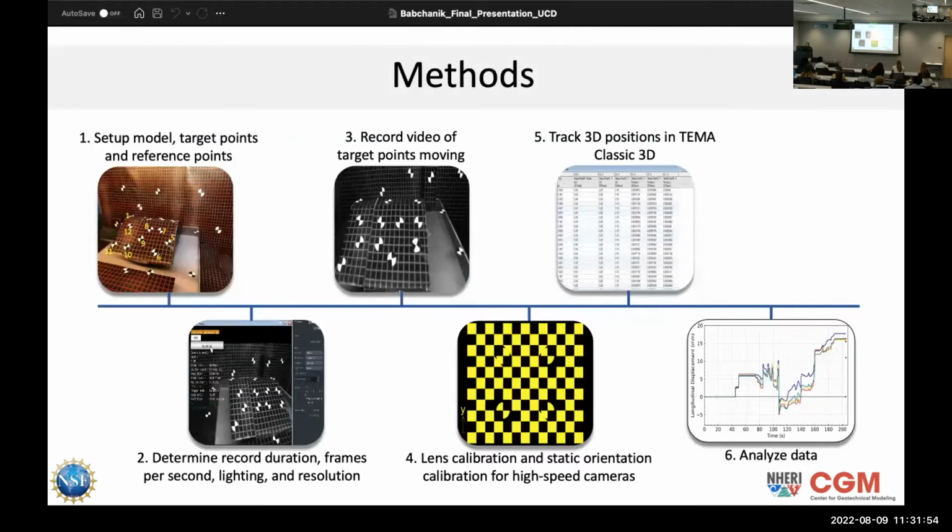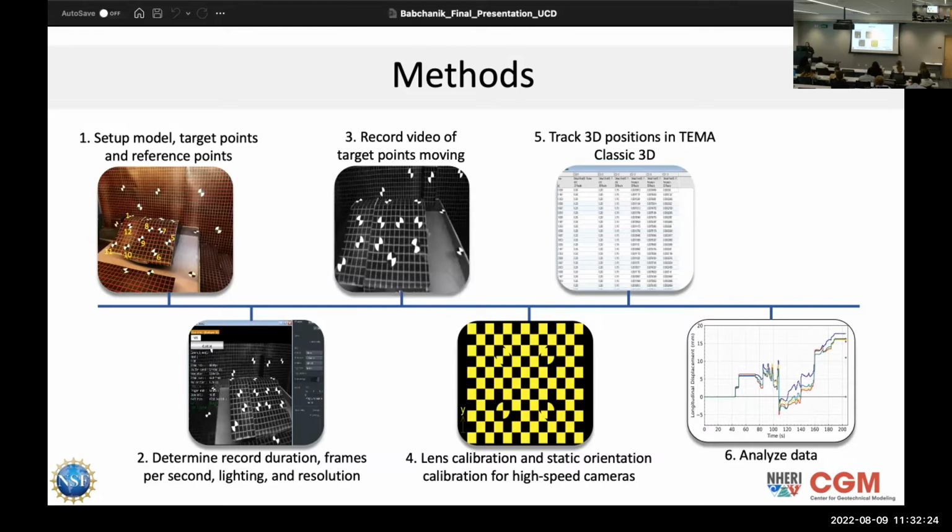So essentially, I first had to determine the recording duration, frames per second, resolution, and lighting in the video. Then I placed a model and targets inside a 3D system with reference points that I had to hand measure. And that part, the hand measuring, is important. But the recorded movement of target points with the Photron camera system was next, using at least 2 cameras to determine the 3D positions.